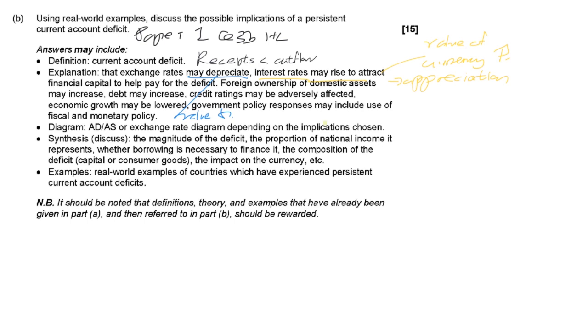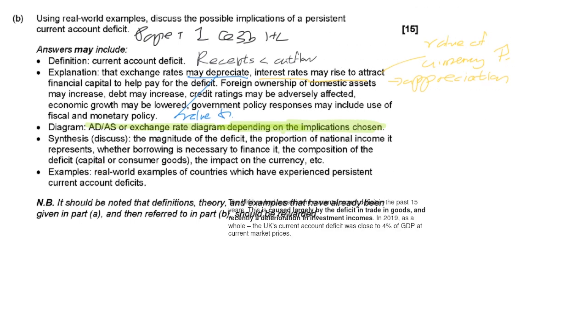So you can see that in the mark scheme guideline, it talks about the exchange rate diagram or the AD-AS diagram. It depends on which one the candidate chose, either depreciation or appreciation. Now, of course, when you go to the discussion, we have to quote a real world example.